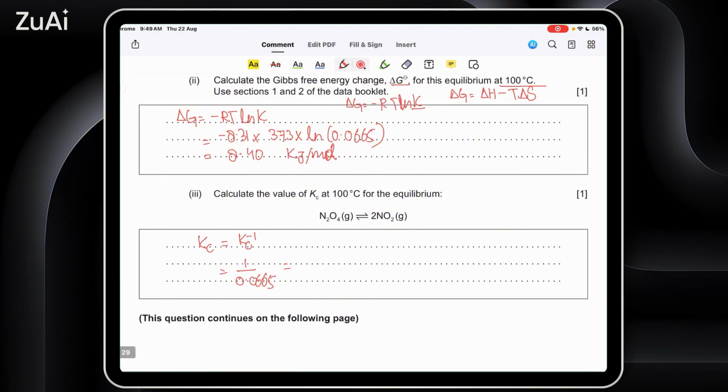So that's how we can solve this question. Let me calculate it. So it is 15.